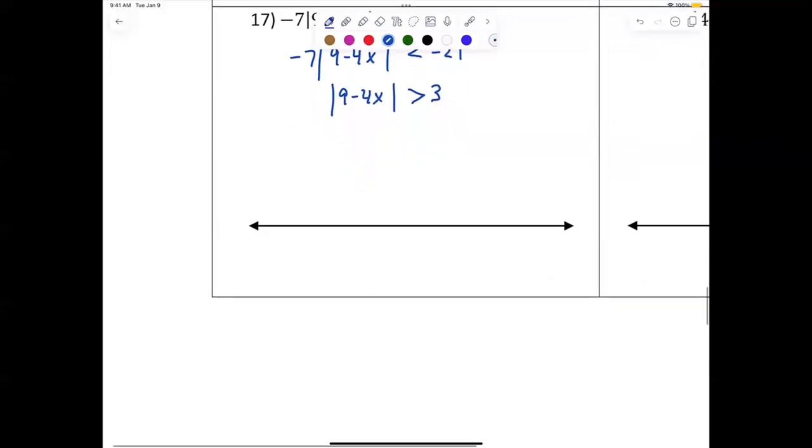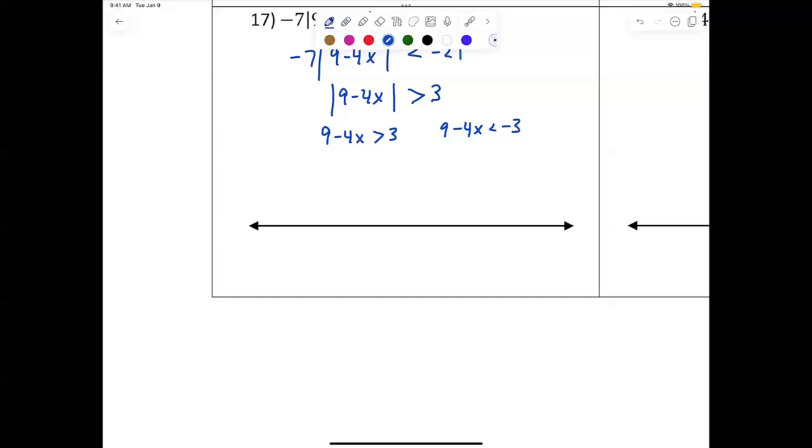All right. So we write 9 minus 4x is greater than 3. 9 minus 4x is less than -3. Everybody good with that?